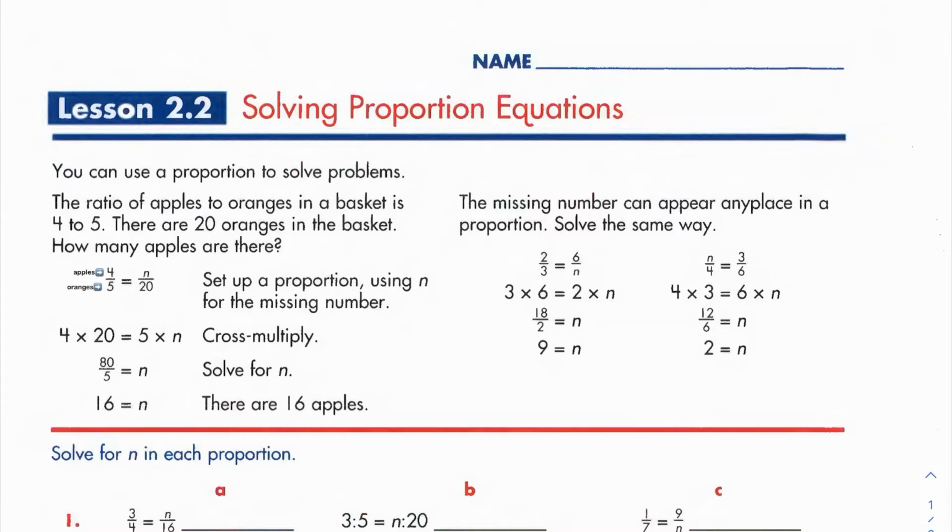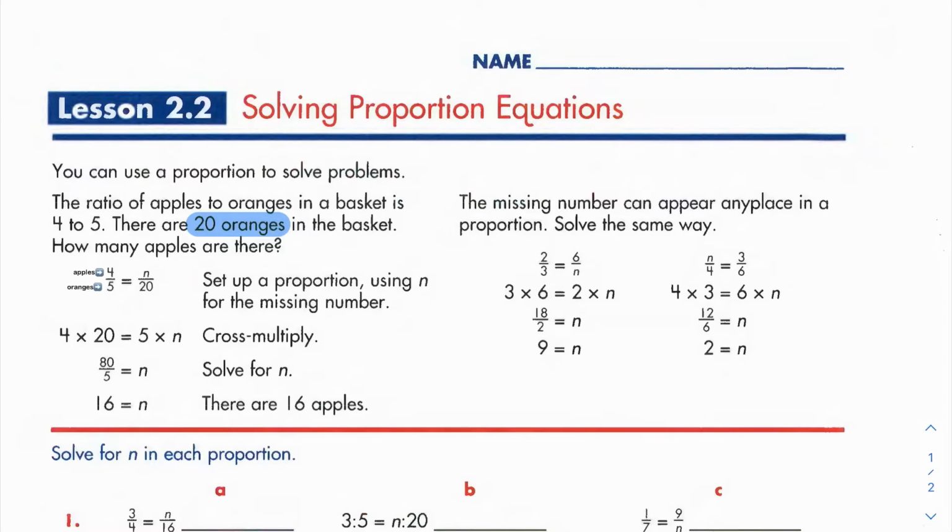Therefore, when we look at our second fraction, we need to put the 20 oranges on the bottom due to the fact that in the first fraction, oranges are on the bottom. Therefore, the number of apples, which is what we're looking for, we will call that variable n, will go on the top of the second fraction. So we have the equation 4 over 5 equals n over 20.